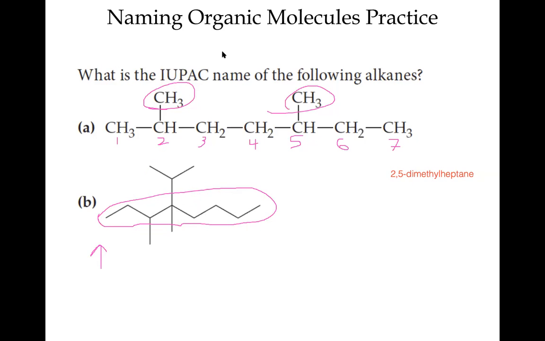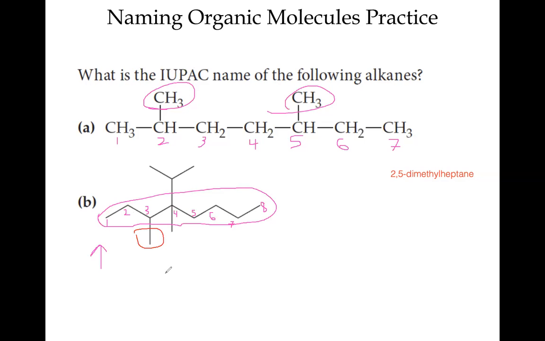All right. So we're going to number it that way. So this becomes 1, 2, 3, 4, 5, 6, 7, 8. What's coming off of our parent or our longest chain? Well, one line here.